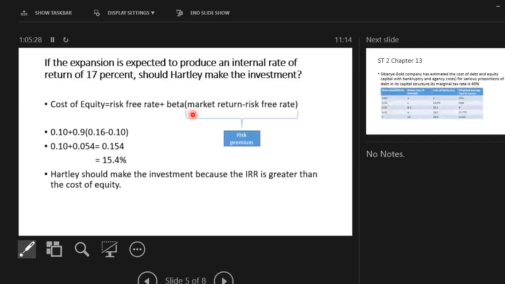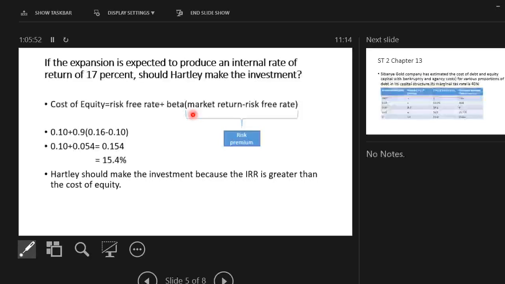But with the IRR, remember we need to compare it with the cost of equity. If the IRR is greater or bigger than the cost of equity, then we go for the investment.